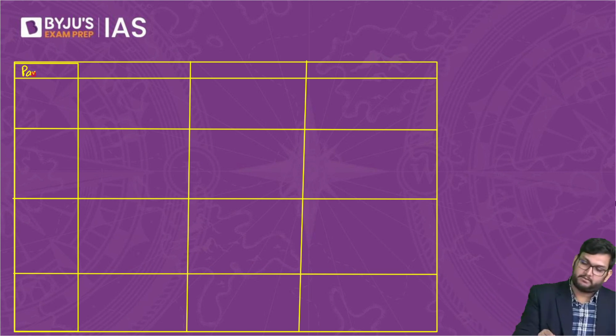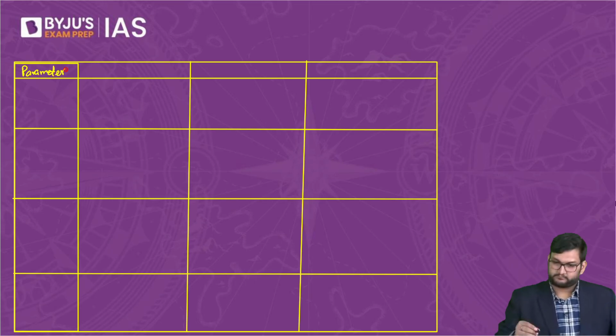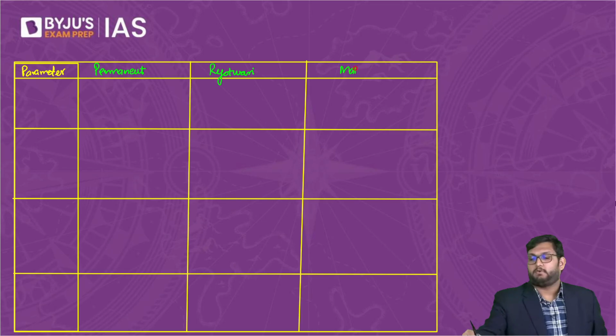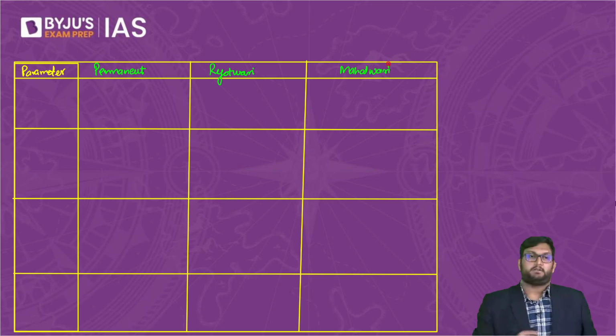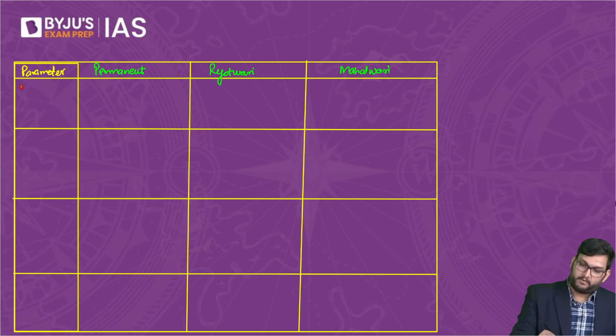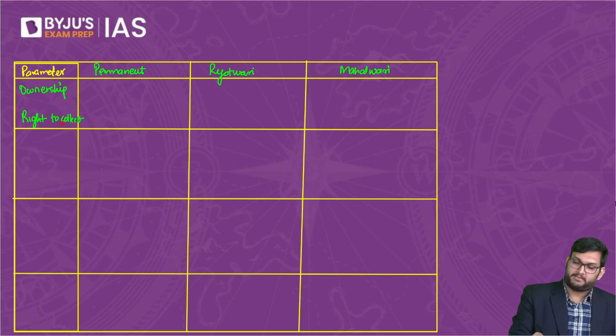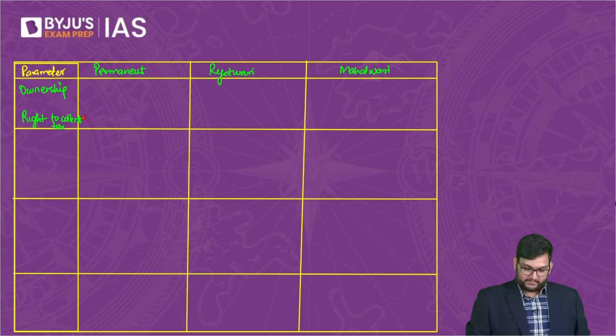Parameter. You have Permanent, Ryotwari, Mahalwari. Okay. Ownership, right to collect tax.